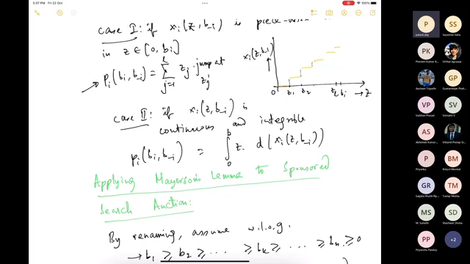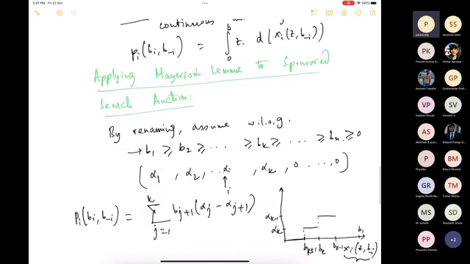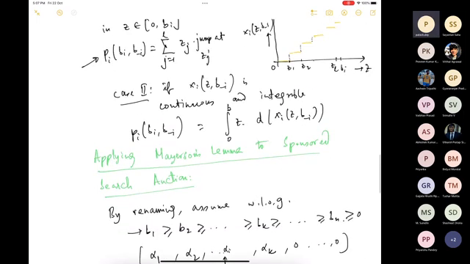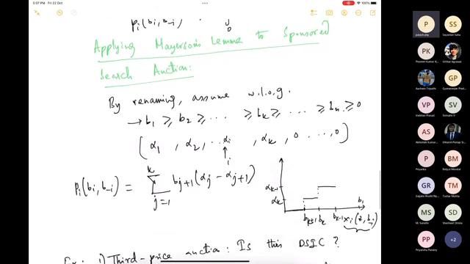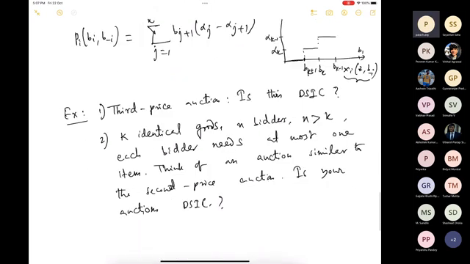You extend this same concept to continuous and integrable functions, and there you integrate over the interval 0 to bi. Then we applied this Myerson's lemma to the sponsored search auction and got this payment.